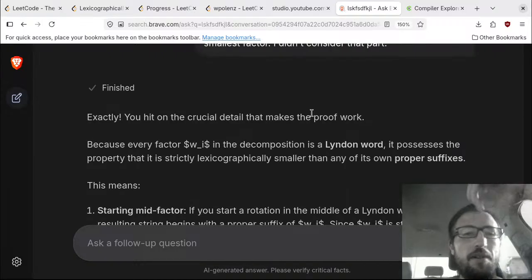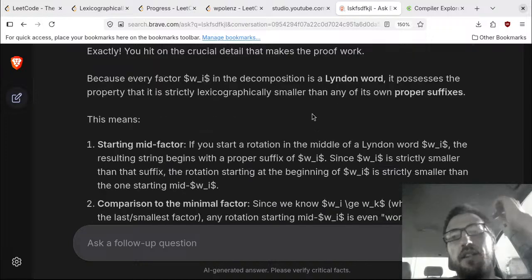Every factor of W sub I in the decomposition is a Lyndon word. It possesses the property that it is strictly lexicographically smaller than any of its own proper suffixes.